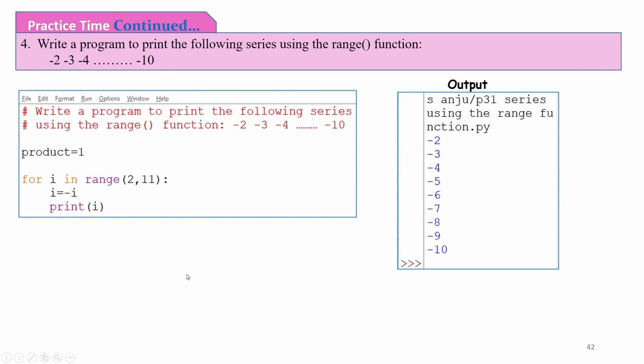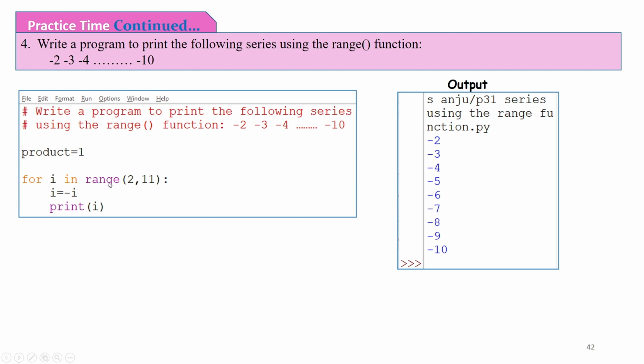Now the fourth question of the practice time was: write a program to print the following series, that is -2, -3, -4 till -10, and we have to use the range function for this. So I have written the same question here. Write a program to print the following series. Now product is given as 1.